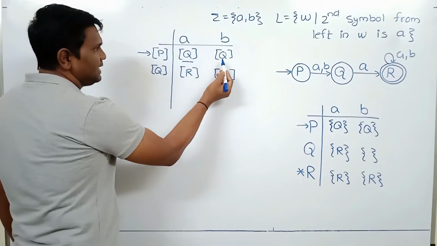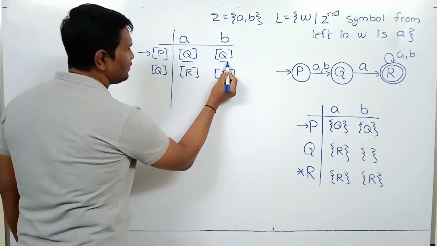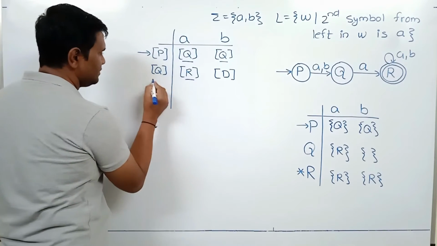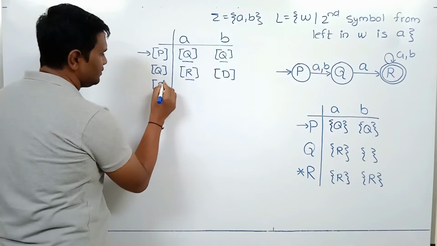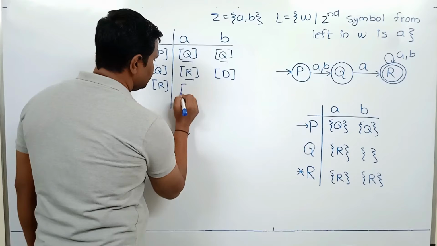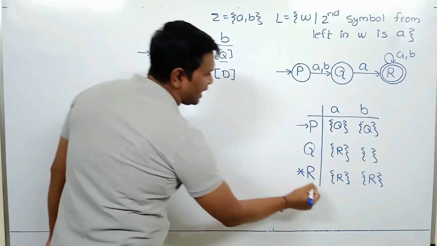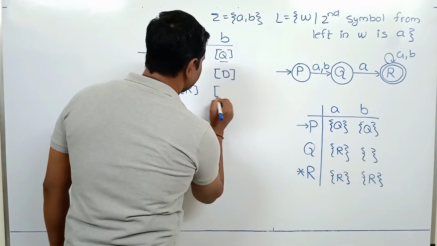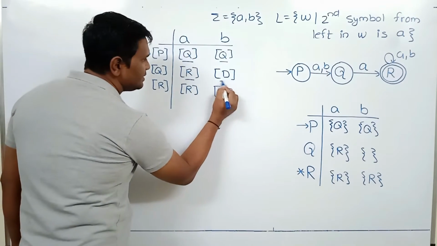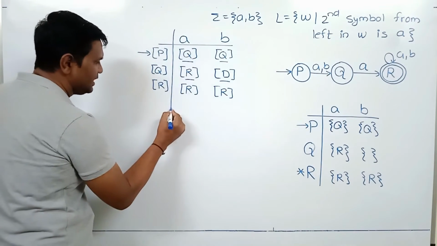So next state to consider is Q. It is already here. Next reachable state is R. R on A goes to R. R on B goes to R. Next state to consider is D, that is dead state or trap state.